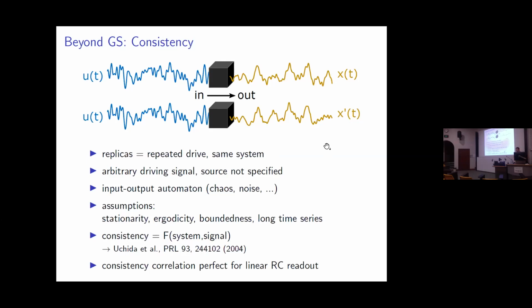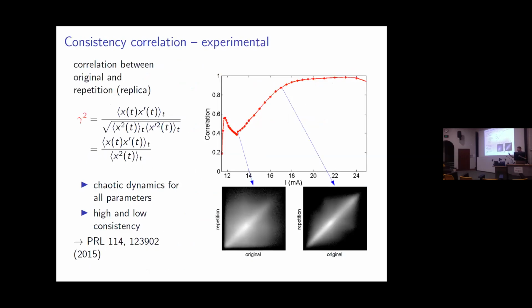That was one of the first things highlighted in this pioneering work, namely that just by changing the amplitude of the drive from 0 to some finite value, they observed a shift in the level of consistency, just because you were exciting different operating regimes of the dynamical system that was injected. And here's also an experimental example showing that just by changing some parameter, you measure different levels of consistency.